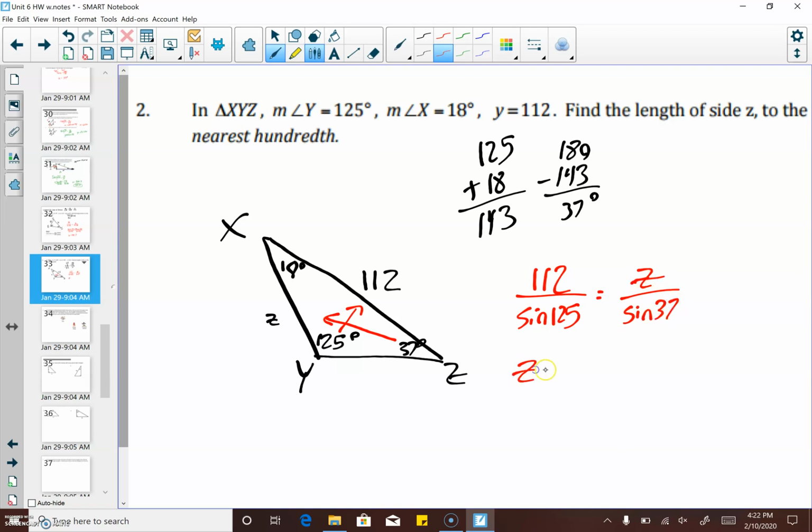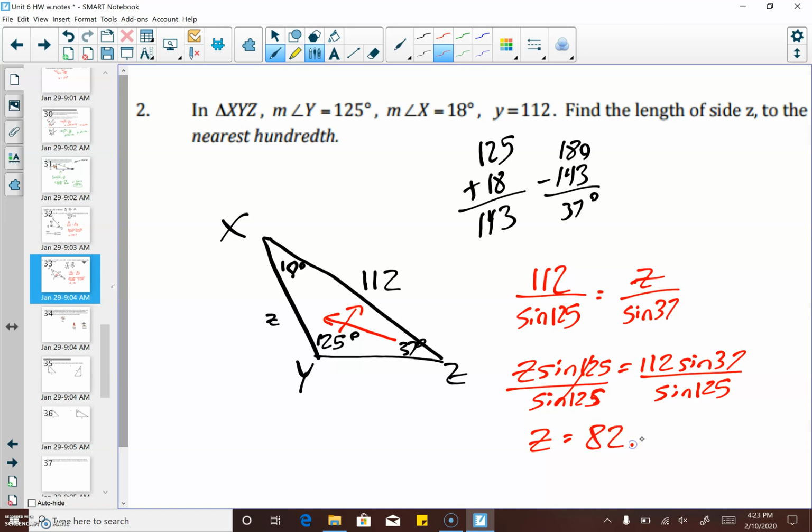Again, we'll cross multiply: z sine 125 equals 112 sine 37. We'll divide both sides by the sine of 125. If we put this in our calculator, this time to the nearest hundredth, we end up with 82.28.